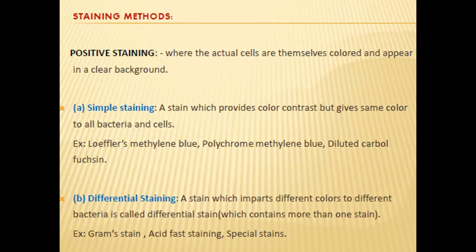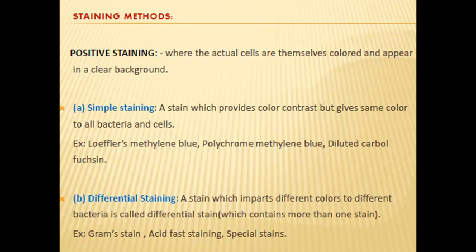It means that in differential staining we use two types of stain. One stain imparts the purple or violet color, and the secondary stain imparts the pink color to the cells.